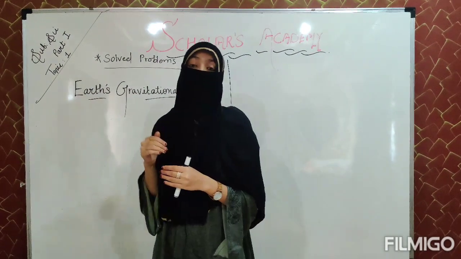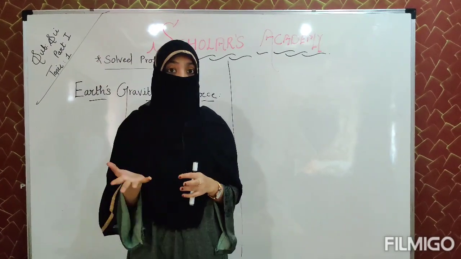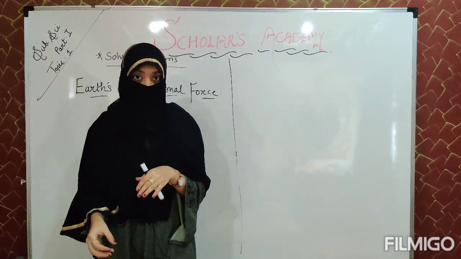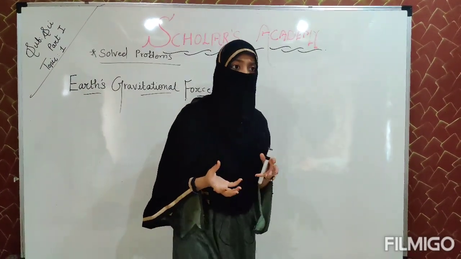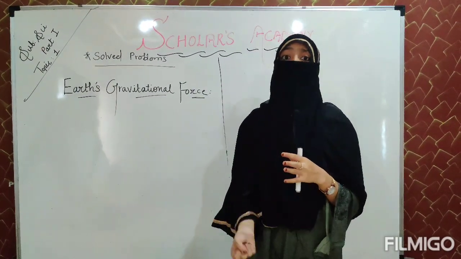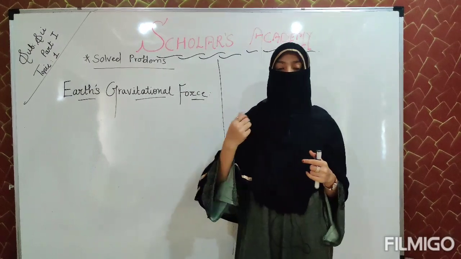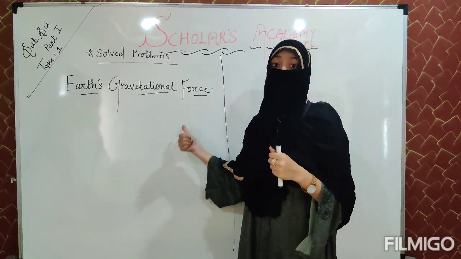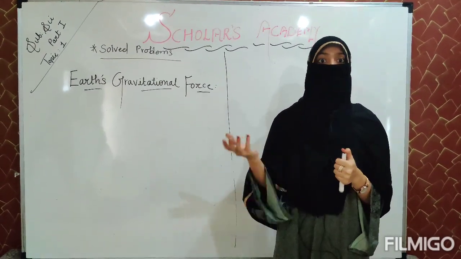Therefore when we throw any object in the upward direction, that object will automatically come down in the downward direction by the gravitational force. Now the question will arise, why do objects go in the upward direction when there is a gravitational force? Dear students, the answer is very simple, because opposite to this gravitational force, we are applying our force. You may call it muscular force or any kind of force.